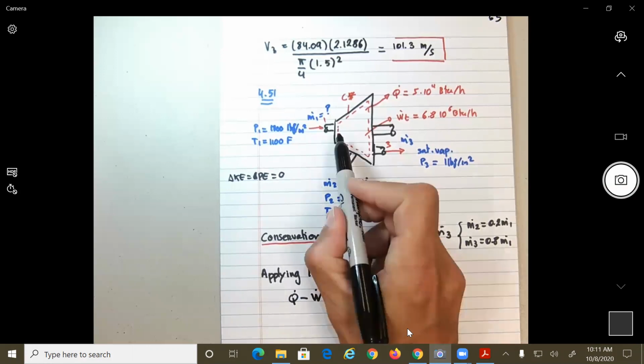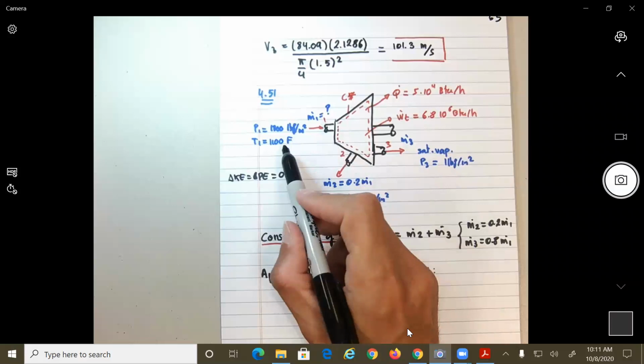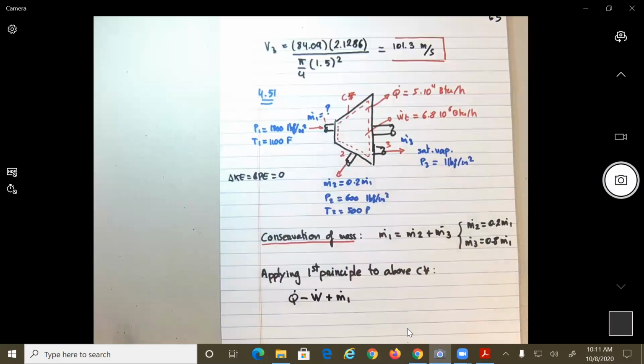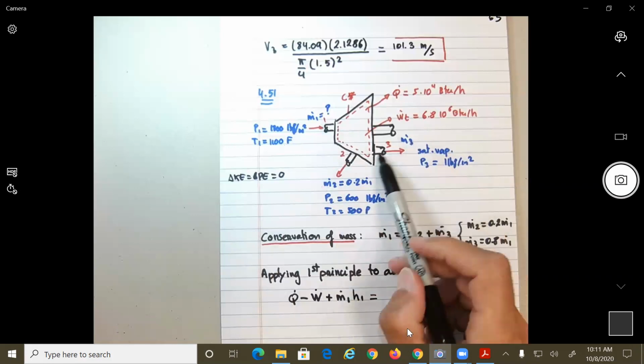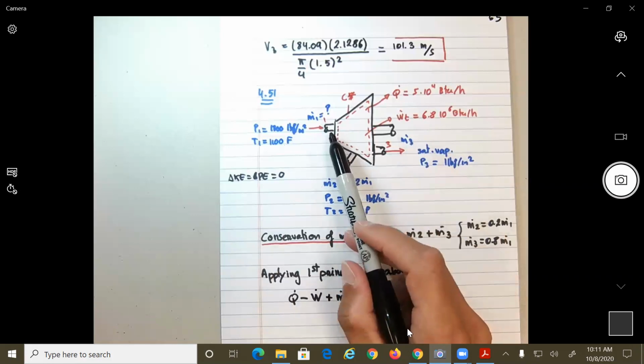The mass coming in will be M1 at a certain pressure, but it will bring also some internal energy. And what is internal energy plus work done by the pressure? We say that is enthalpy, no? So we can say this is M dot 1 H1. And now, is there anything else coming in? As the flow, this is the only one, no? Now, what is coming out of the system?